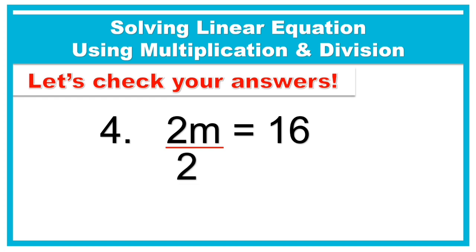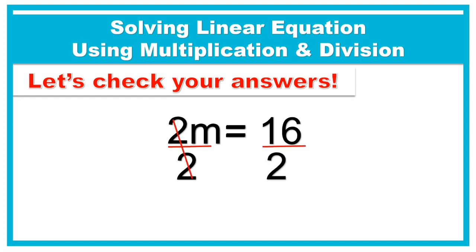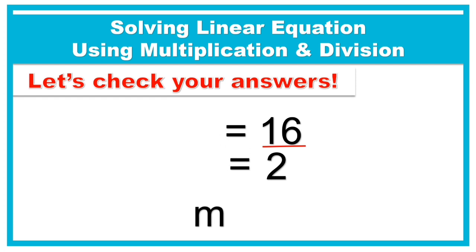We have to divide 2 on both sides. That cancels 2, leaving m isolated. Just bring down m, the equal sign, and the answer to 16 divided by 2, which is 8. You got it!